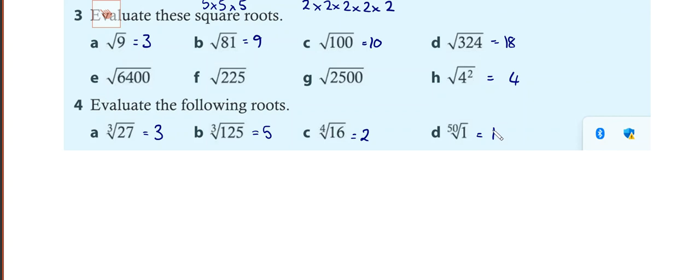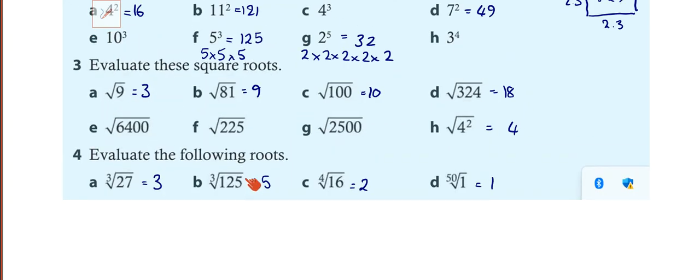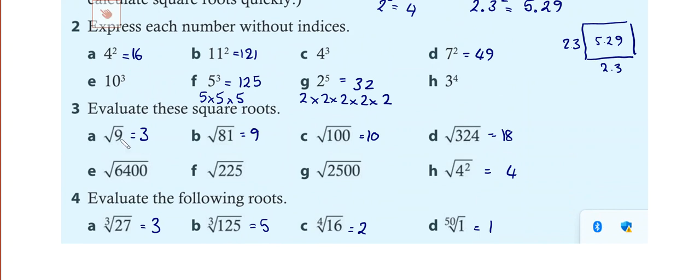So, certain numbers we need to get used to seeing, where we've got squares and cubes and roots and things like that. The main numbers are on the board, the nice and easy ones: things like 9, 81, 100, 225, 16, 125.